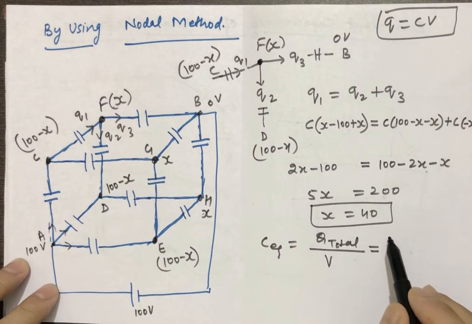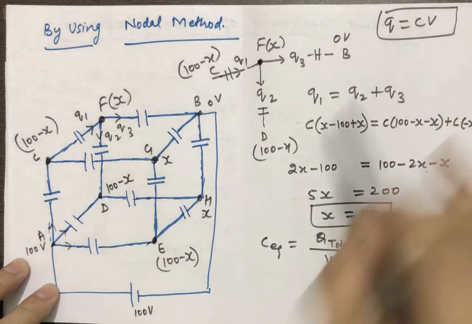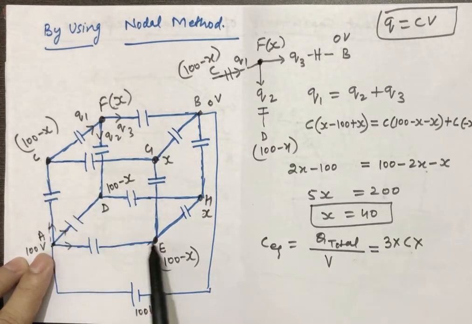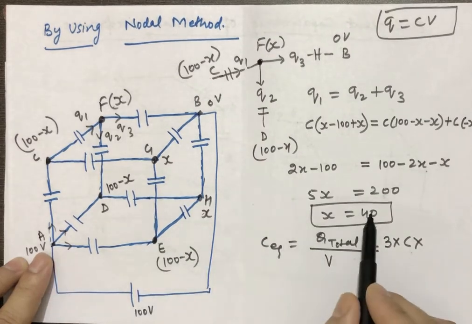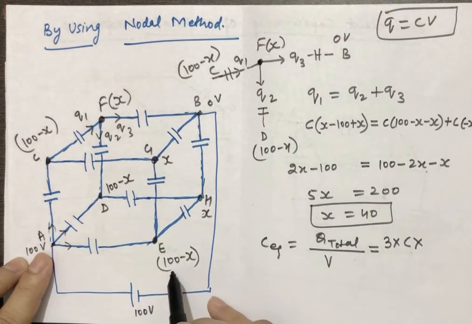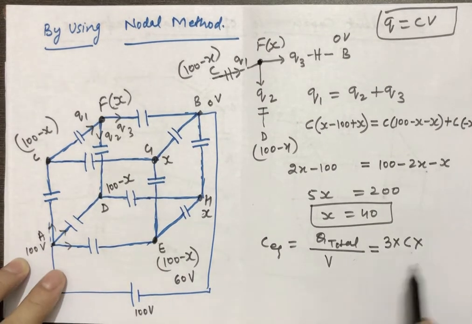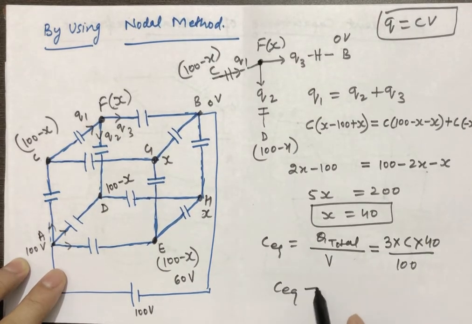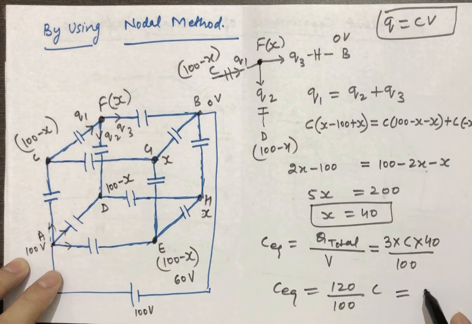So I can write 3 times capacitance into potential difference. What is the potential difference between A and D, AC and AE? That is the same. How much will it be? This is 40 because X is 40 and we have 60 volt, the difference between 100 and 60, that is 40. So I will write here 40 upon total 100. So C equivalent is equal to 120C upon 100, which by solving is 6C upon 5.